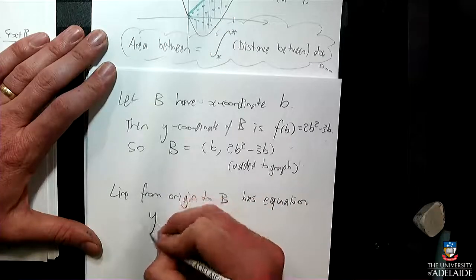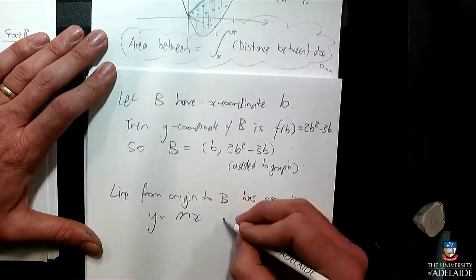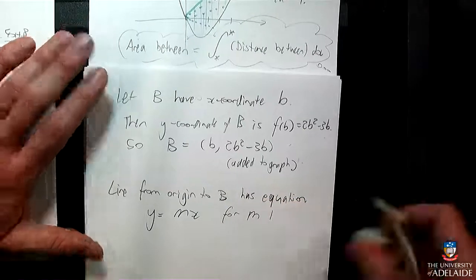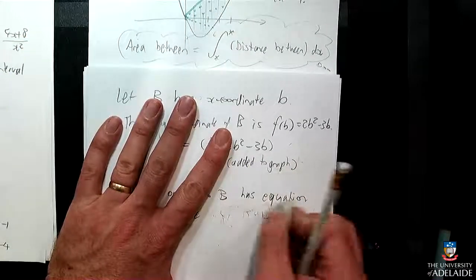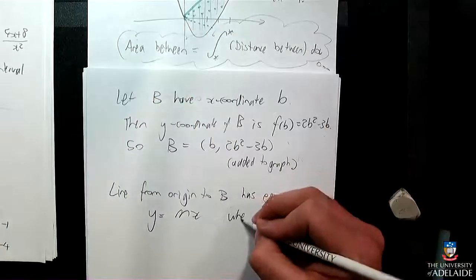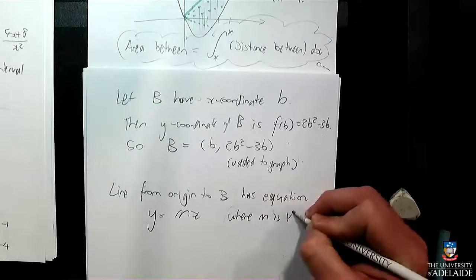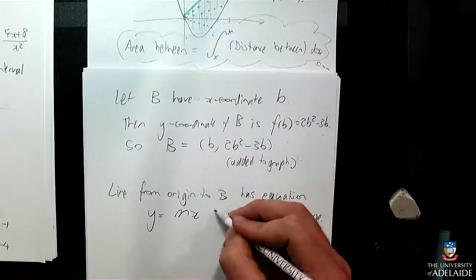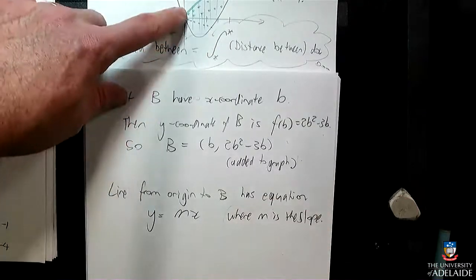It has equation y equals mx, where m is the slope, right? I know it doesn't have a plus anything because it passes through the origin.